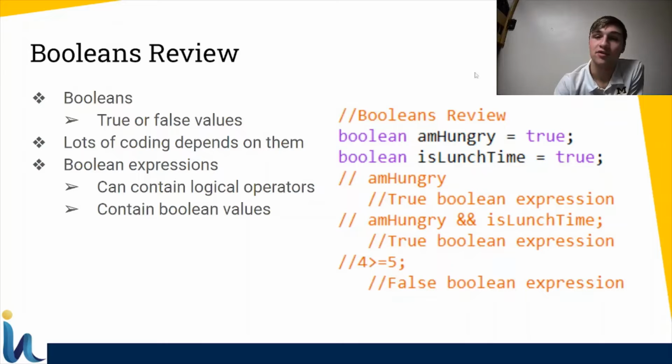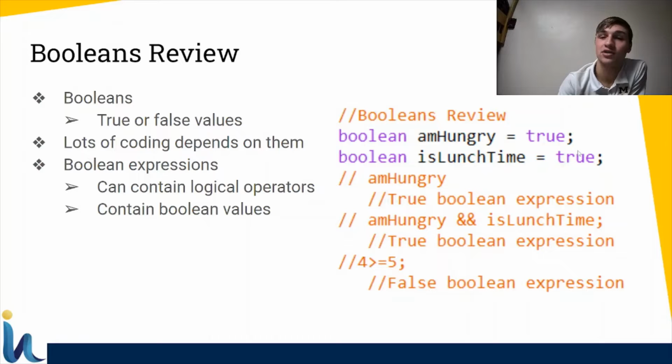So if we look over here, this Boolean, am hungry, is true, and is lunchtime is true. Well, am hungry by itself is a Boolean expression, and it is equal to true because the variable am hungry is true. And if we look here, am hungry and is lunchtime, that's also a Boolean expression.